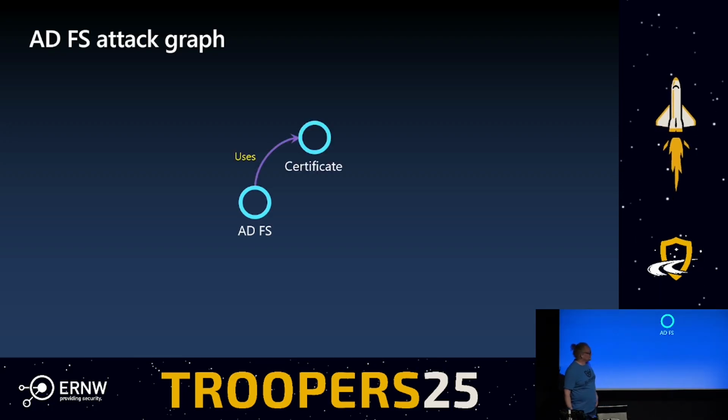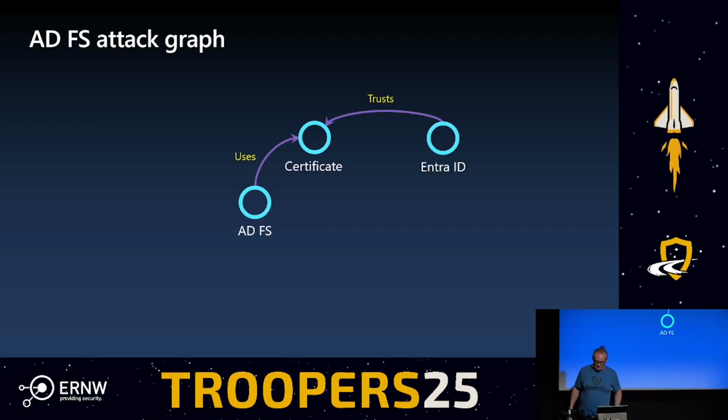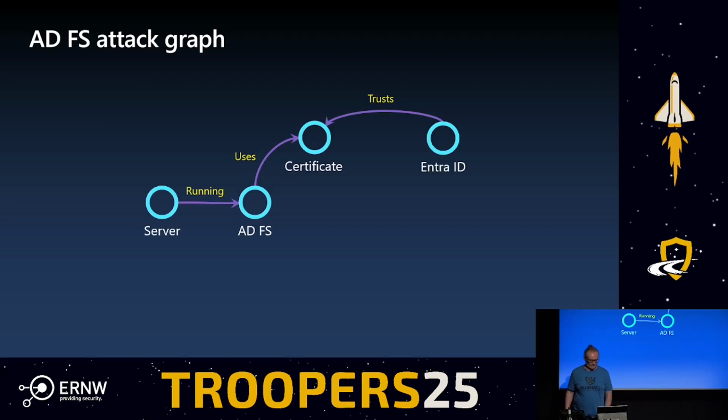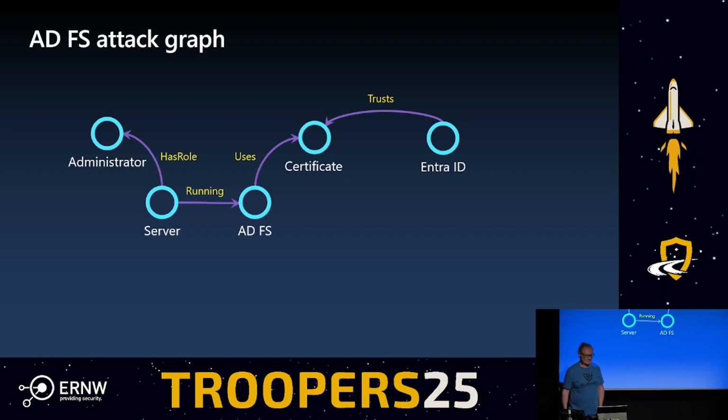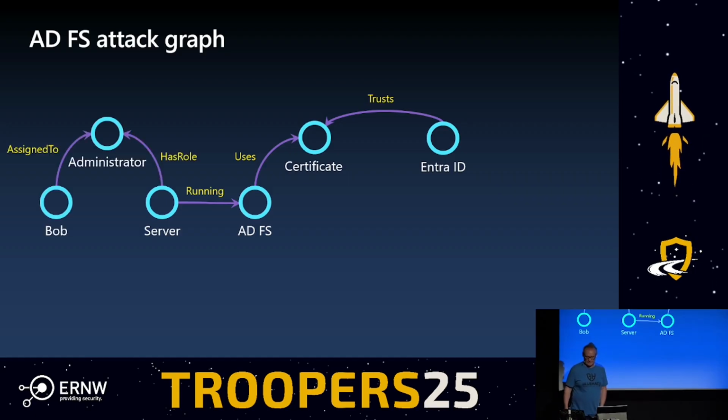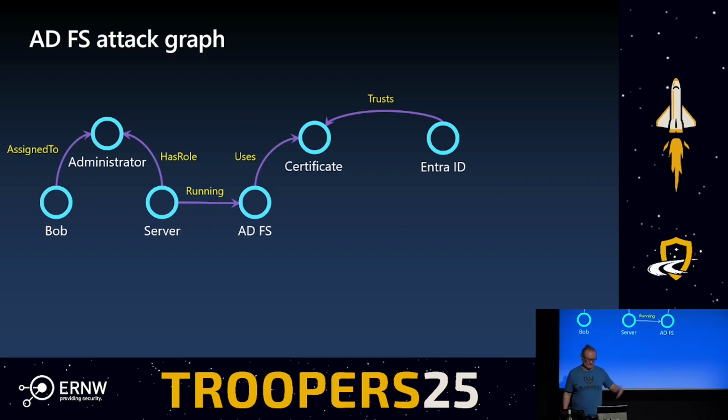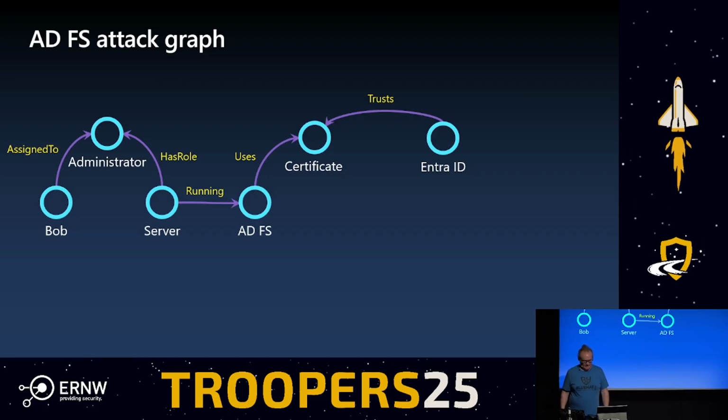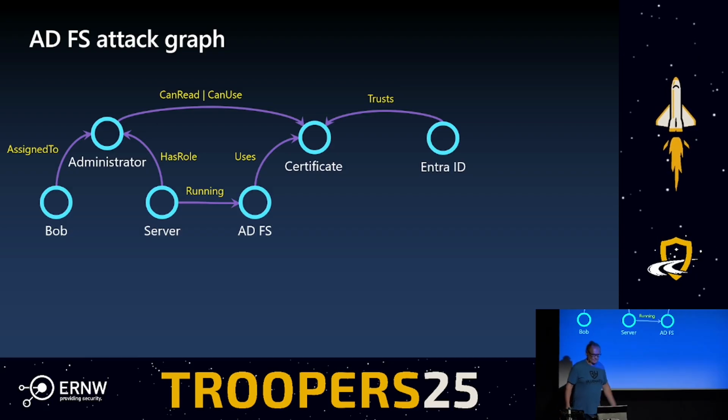So ADFS, they are using the certificate. Entra ID trusts that certificate, and ADFS is run on a server. They have, again, an admin group, and Bob is a member of that group, so Bob has admin permissions. And now any admin can read or can use the certificate.